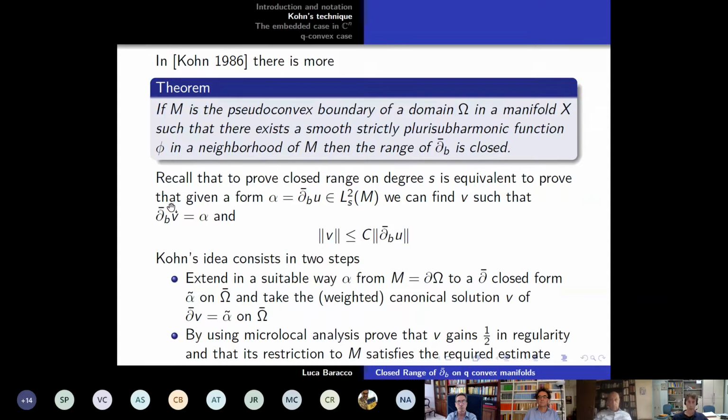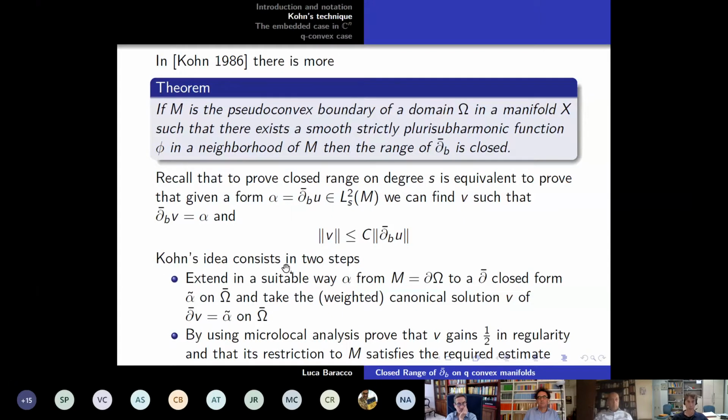Now, recall that to prove the closed range in a certain degree is equivalent to prove that given a form alpha of type d bar B U, we can find V, an S-1 form, such that d bar B of V is equal to alpha and V satisfies an estimate like this.